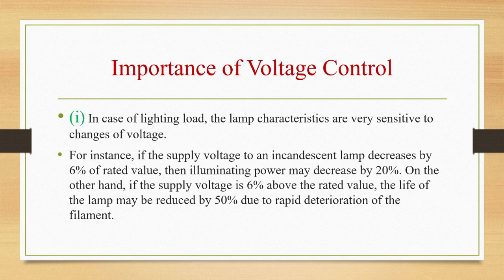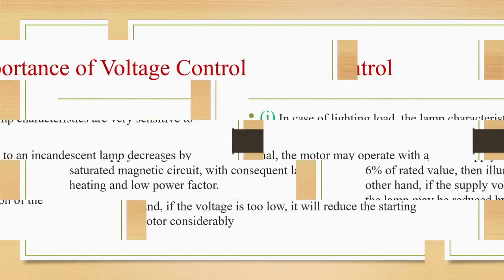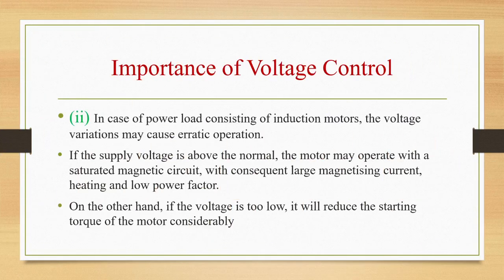The lamp characteristics are very sensitive to changes of voltage. Second is, in case of power load consisting of induction motors, voltage variations will cause erratic operation. If the supply voltage is above the normal voltage, then the motor operates with a saturated magnetic circuit with consequent large magnetizing current, heating and low power factor.